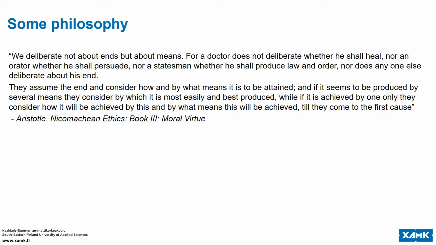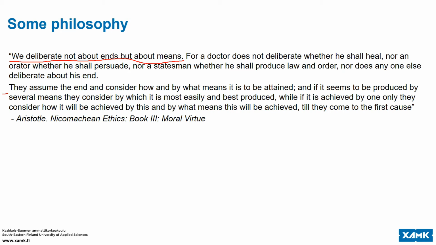So what Aristotle writes in this book is that we deliberate not about ends, but about means. For a doctor does not deliberate whether he shall heal, nor an orator whether he shall persuade, nor a statesman whether he shall produce law and order.